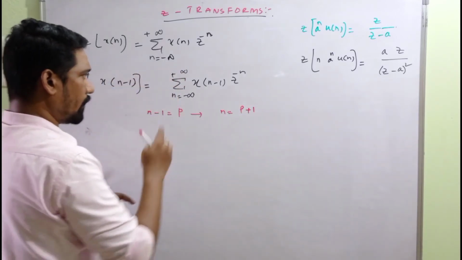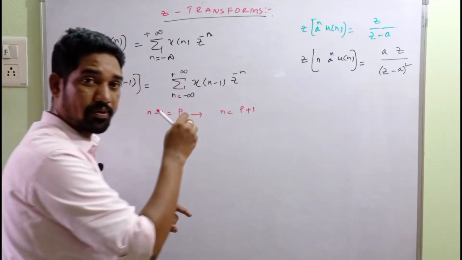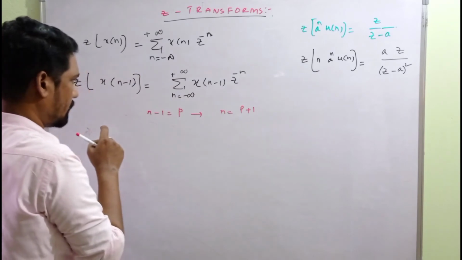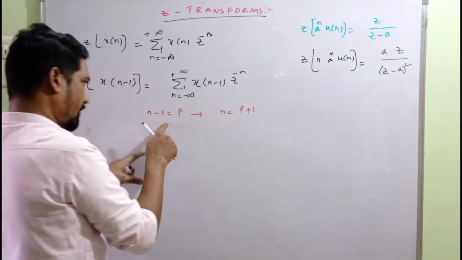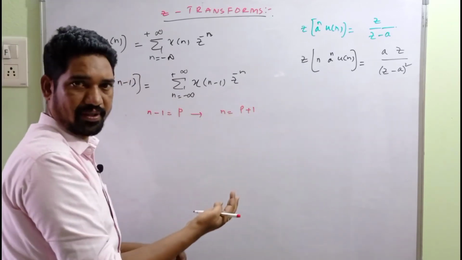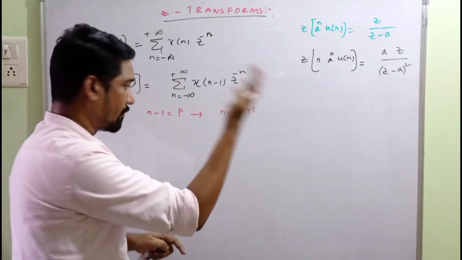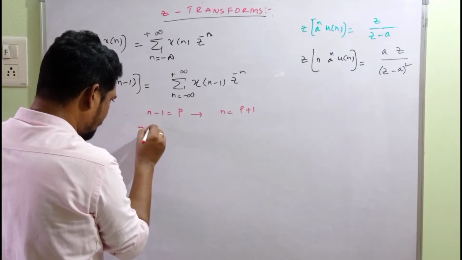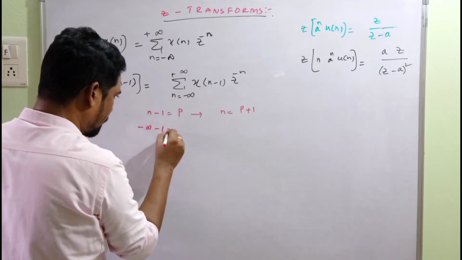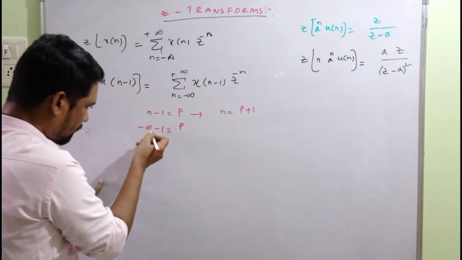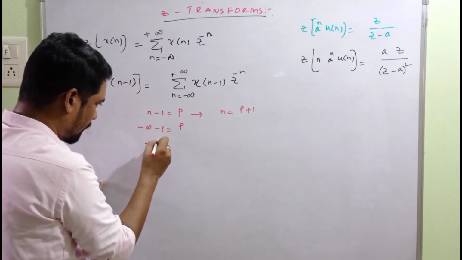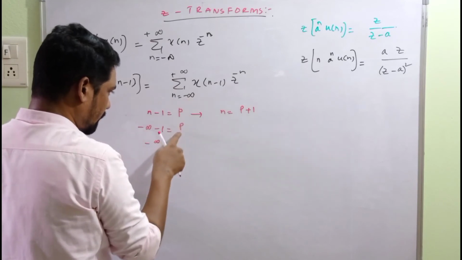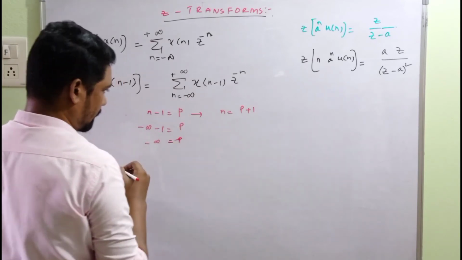When we go for substitution, another important point to remember is that we need to change the limits of summation. That isn't rocket science; we don't need to go somewhere else. When n starts from minus infinity, minus 1, what will be p? Infinite, that will be rounded to minus infinite. In the sense, when n starts from minus infinity, p also starts from minus infinity.